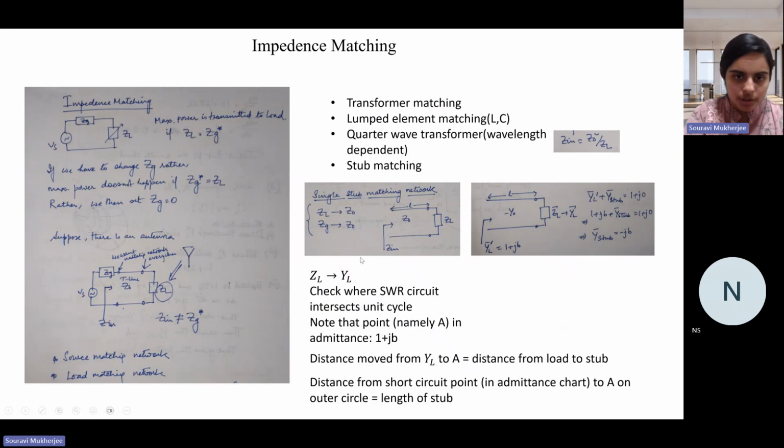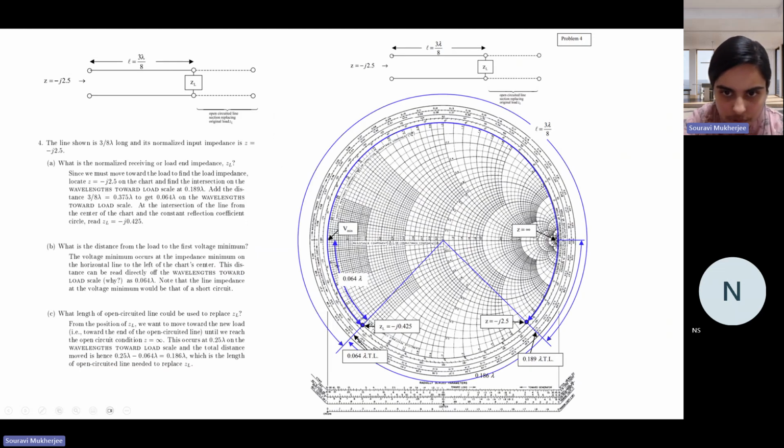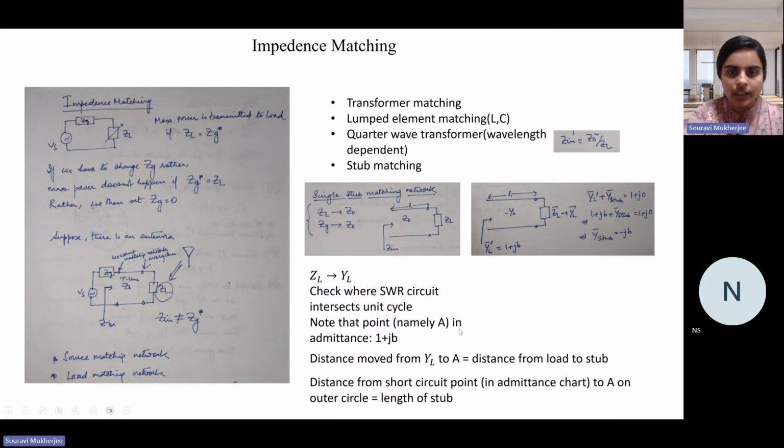Check where the SWR circle intersects the unit circle. What is the unit circle? The unit circle corresponds to this circle, somewhere in the middle where you get the point r equal to 1. Check where that matches with the unit circle and note that point. Suppose that point is some value A in the admittance chart.